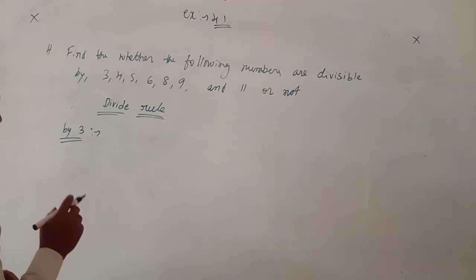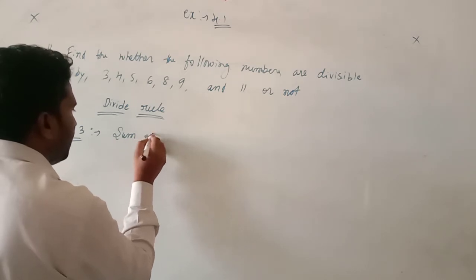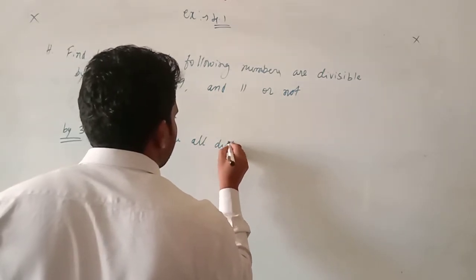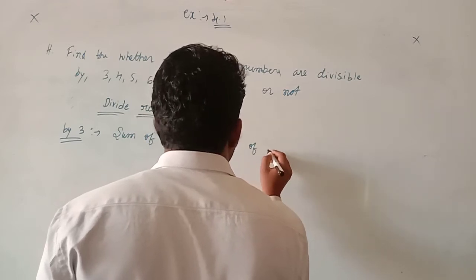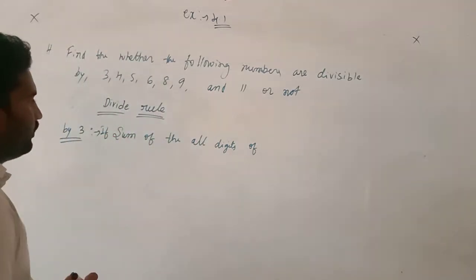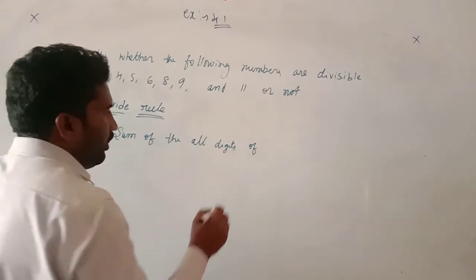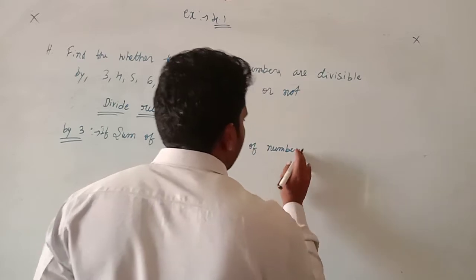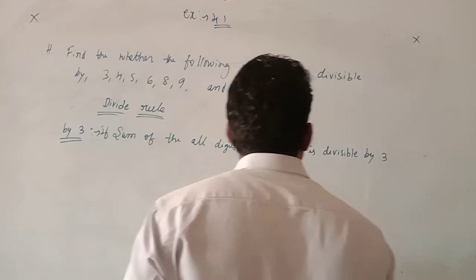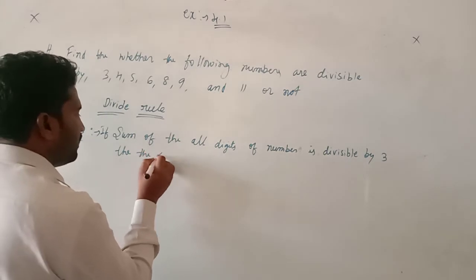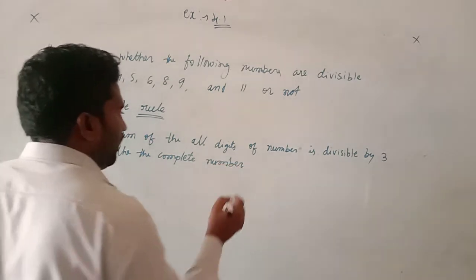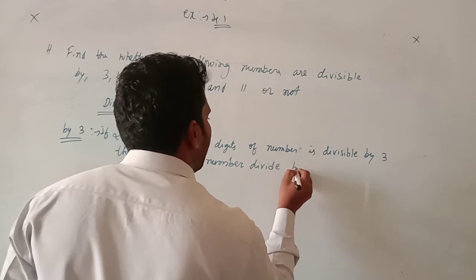For this rule, if the sum of all the digits of a number is divisible by 3, then the complete number is divisible by 3.